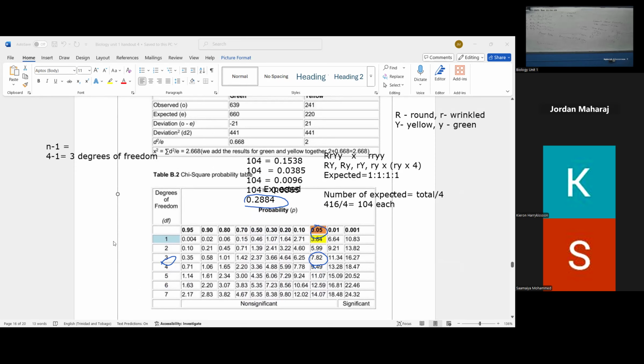In this question, they did not give us a null hypothesis, but if they did, or if we came up with one, we reject it. Everybody understand? Okay.